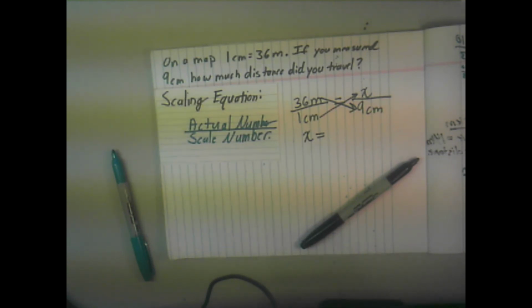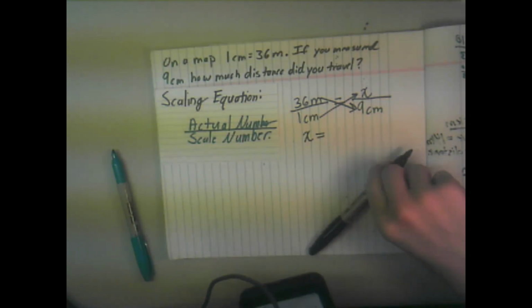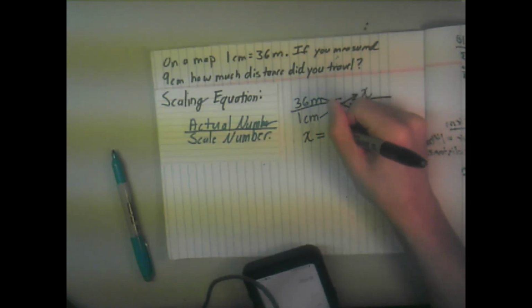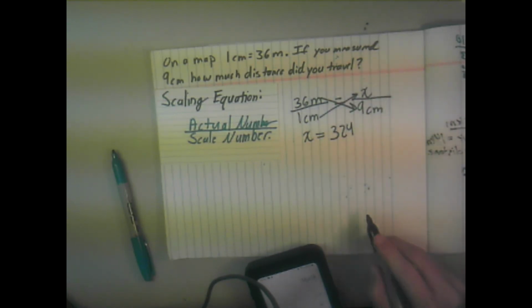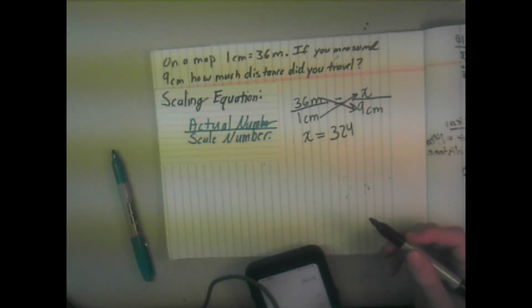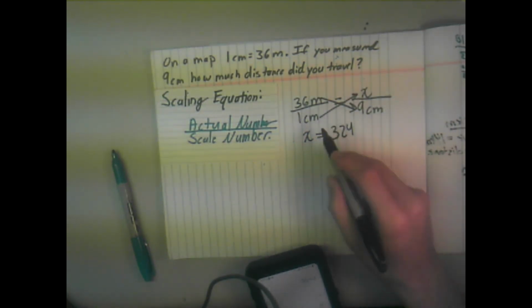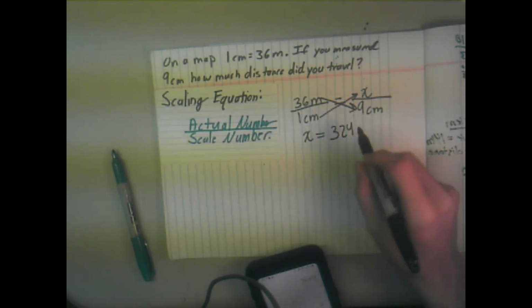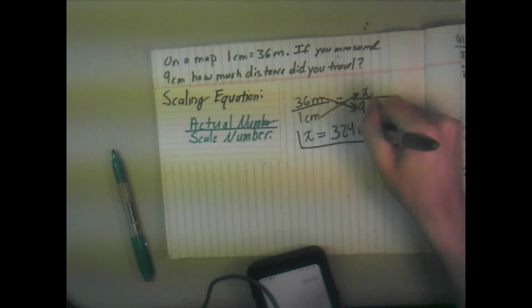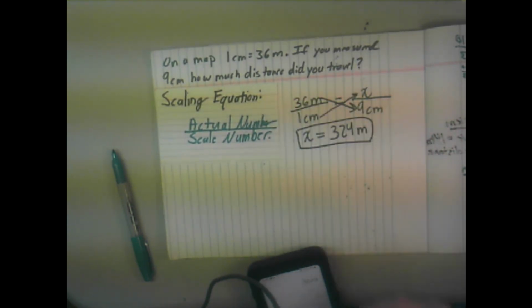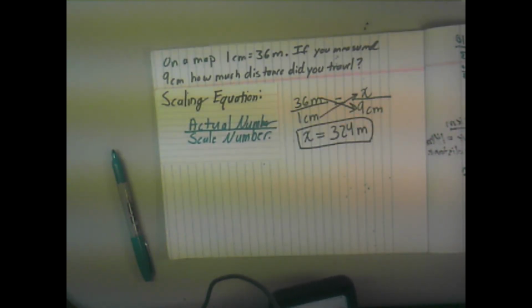I was just using a calculator for that. 36 times 9 will give you 324. Now, are we done? We sure are, because you went 324 meters. Because if you divide both sides by 1, you have the same exact number there.